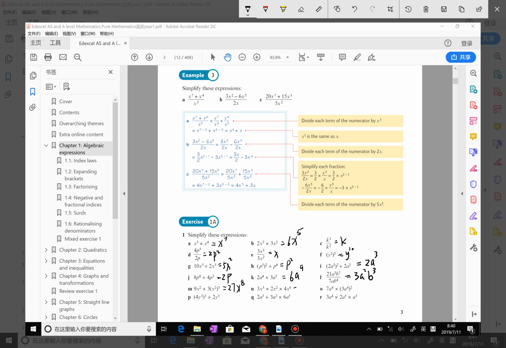Then we are going to have the next coefficient 24x^11.